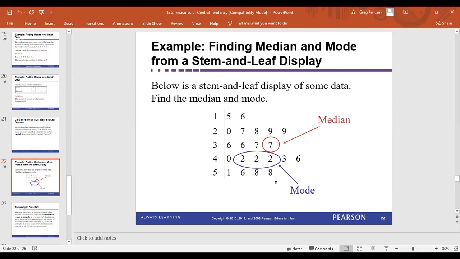Your middle would be 10 left and 10 right. So here your median is 37. Your mode, most frequent, is 42. Most of those. All right, questions there.